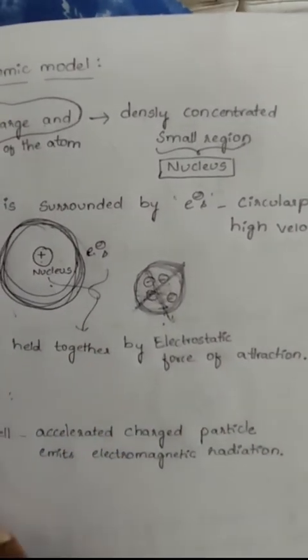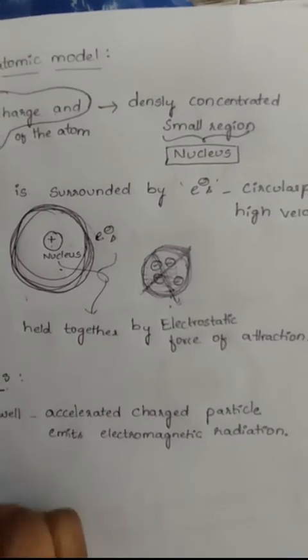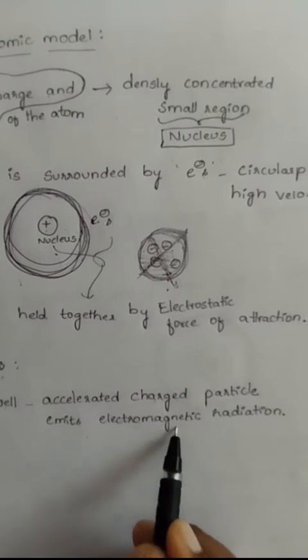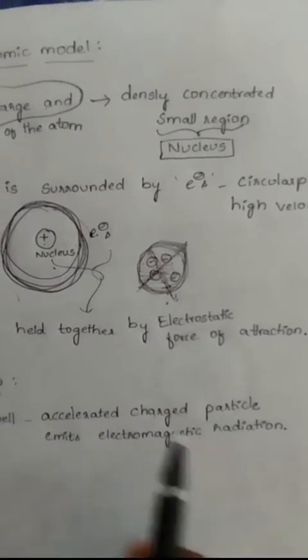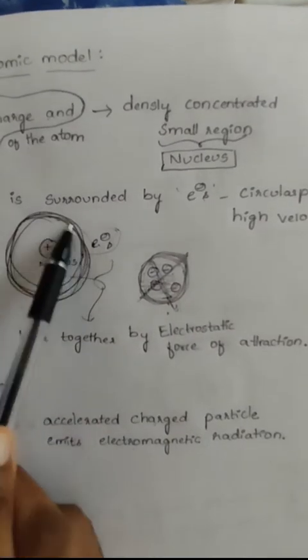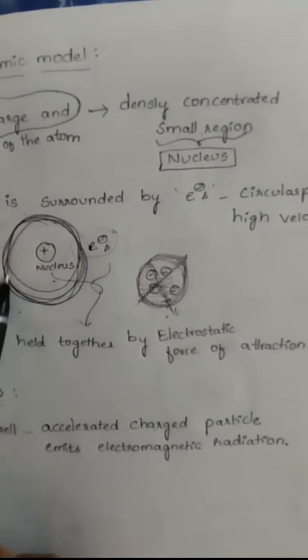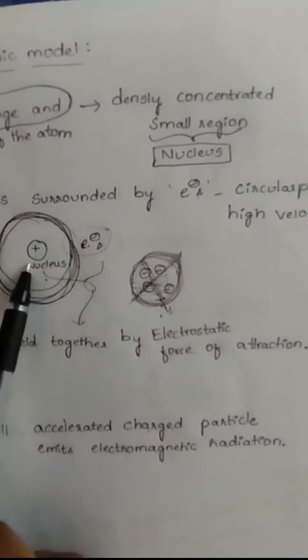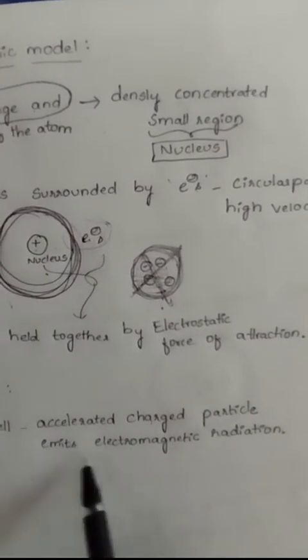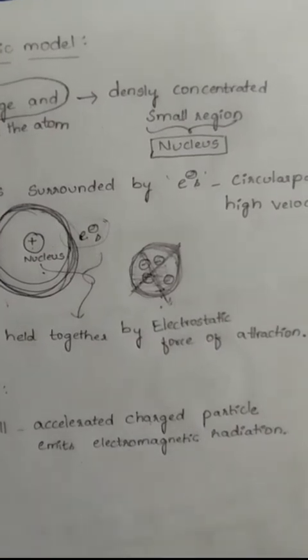So the first drawback is, according to Maxwell, an accelerated charged particle emits electromagnetic radiation. As electrons are negatively charged and are moving in a circular path, these electrons get accelerated, so they emit electromagnetic radiation.